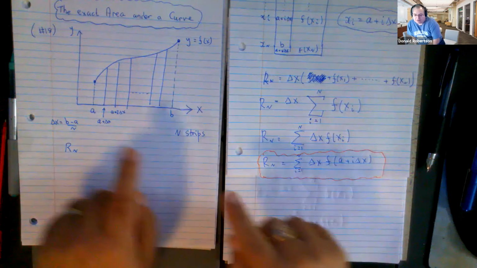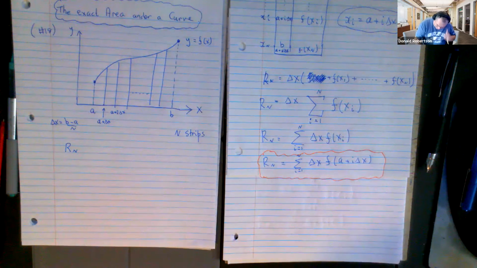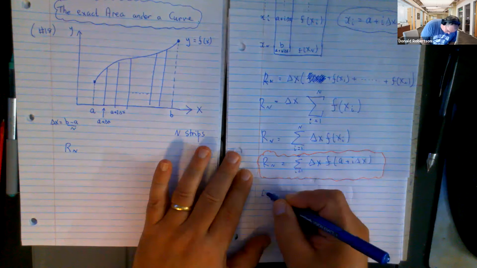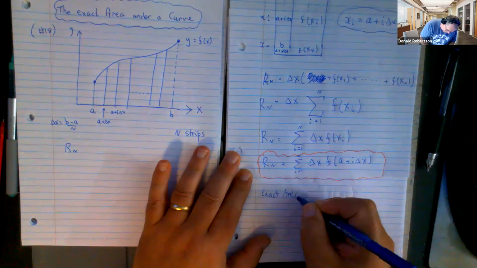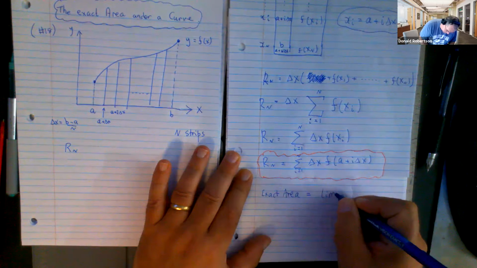So how do we expand that to find the exact value? Well, that's where the limits come in. Because the exact value of the area is simply the limit as n tends to infinity of Rn.